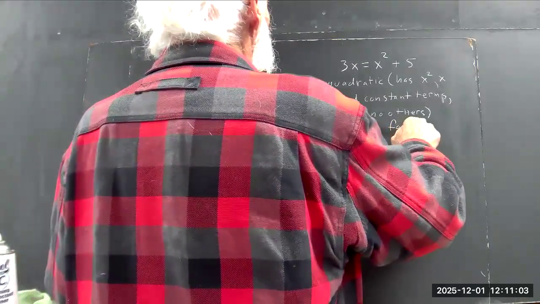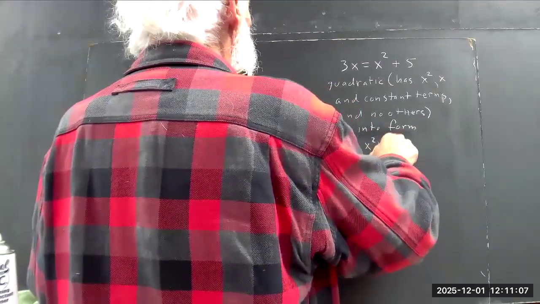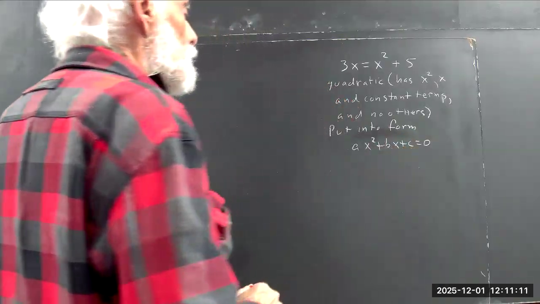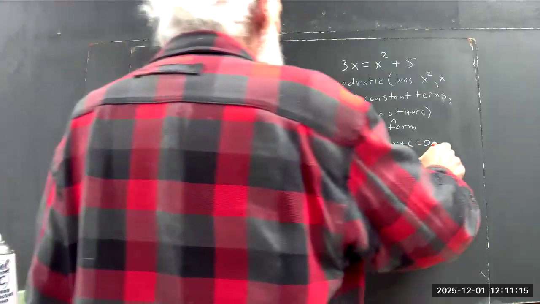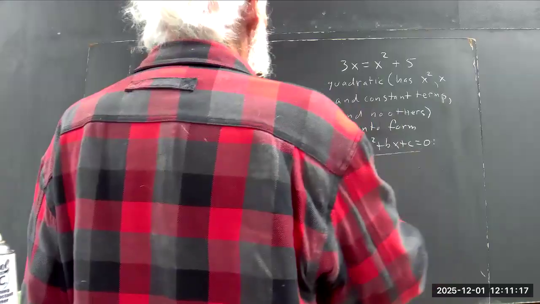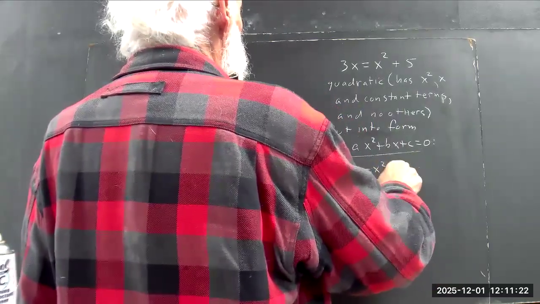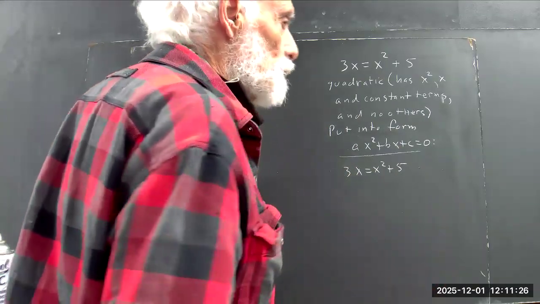You put this into the form ax squared plus bx plus c equals 0. We start with 3x equals x squared plus 5. We need to get 0 on one side.